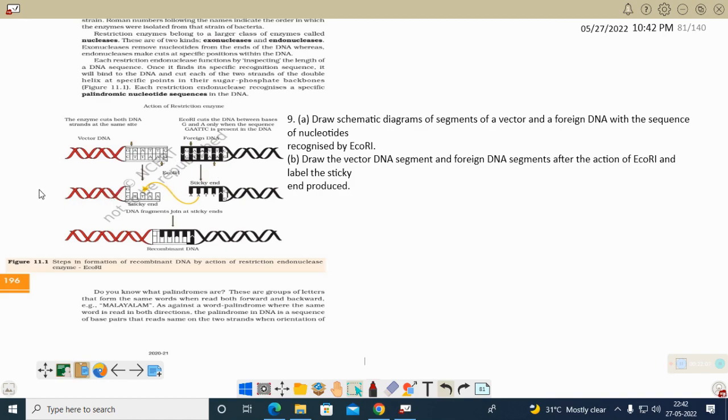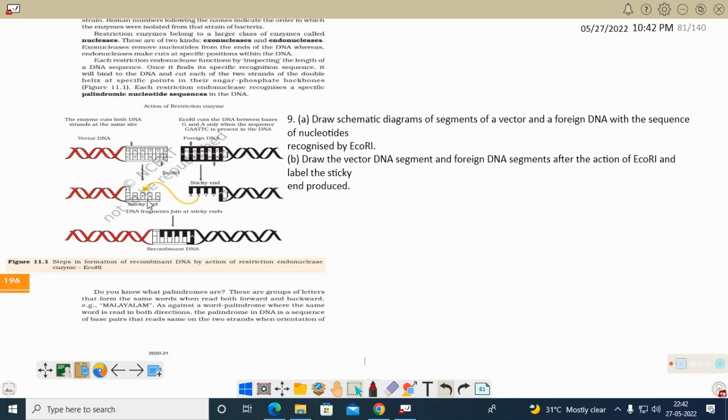Then in the next step you take out this AATTC and keep the remaining part here, and from here you take out this AATTC and keep the remaining part here, and put an arrow from here to here, so it will come and join like that.